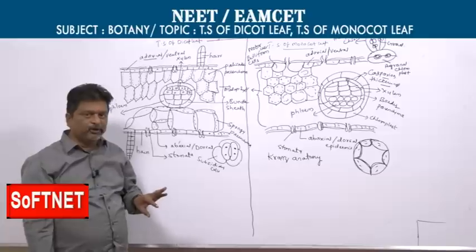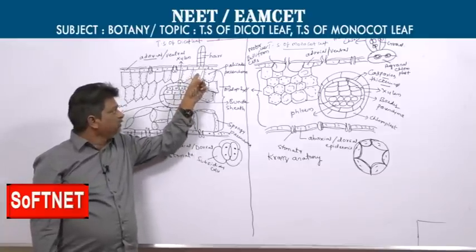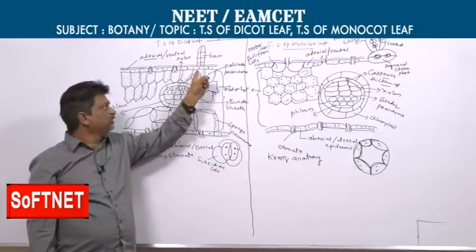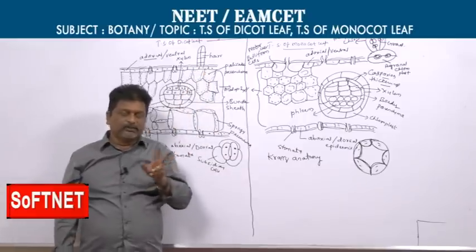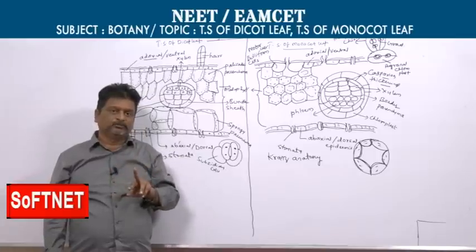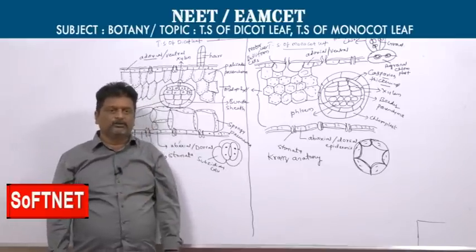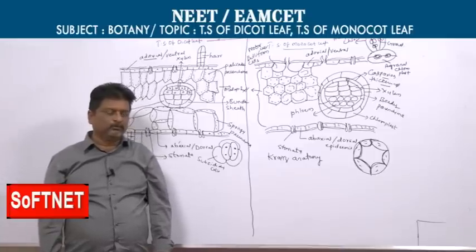One more important point, only in Nerium, palisade is present on both sides. Generally palisade is towards the upper side, but in Nerium it is present on both sides. That is why Nerium is called a pseudo dorsiventral leaf.